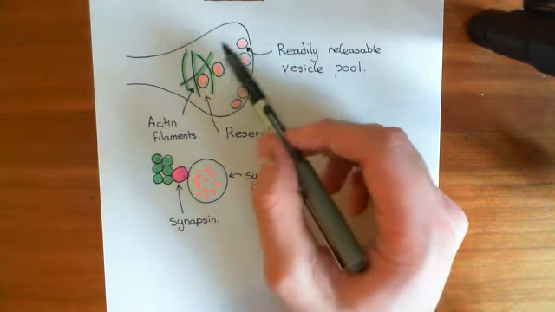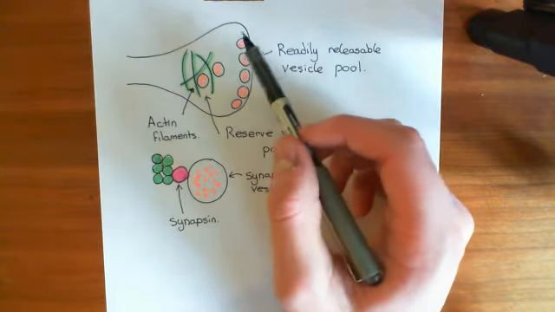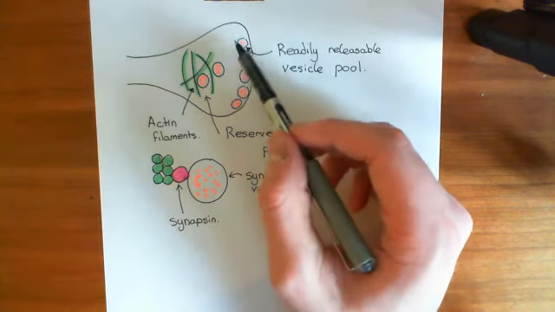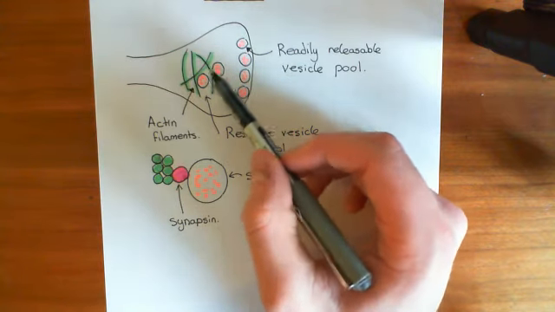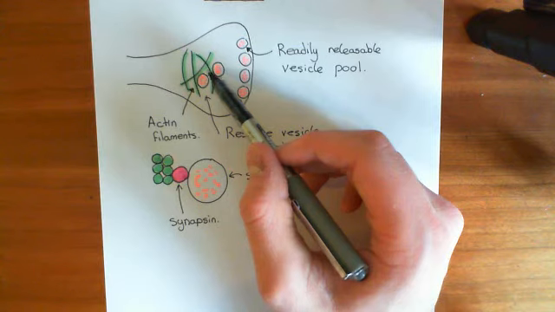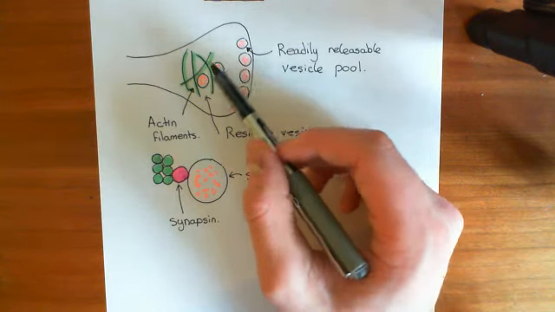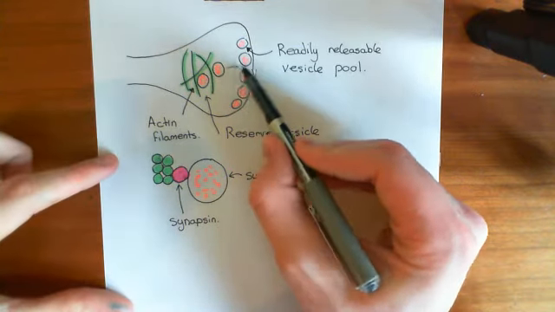So, if another action potential comes, what happens? Well, we have to replace these vesicles that are docked at the plasma membrane. So what happens is we liberate vesicles from the reserve pool, and they have to go and dock at the membrane.